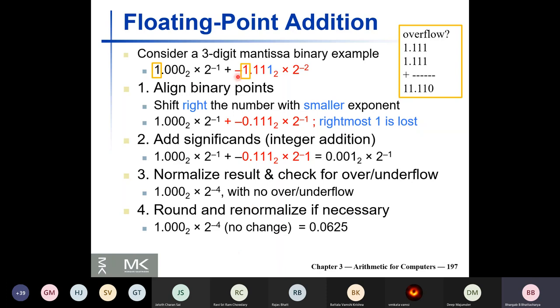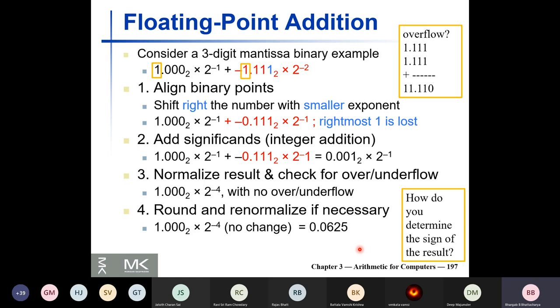Now, if one is positive and the other is negative, then you know that the higher exponent value would predominate. If the higher exponent value is positive, then the result would be positive, otherwise it would be negative, clear? That's how the sign would be adjusted in the final result, and the hardware would take care of this.